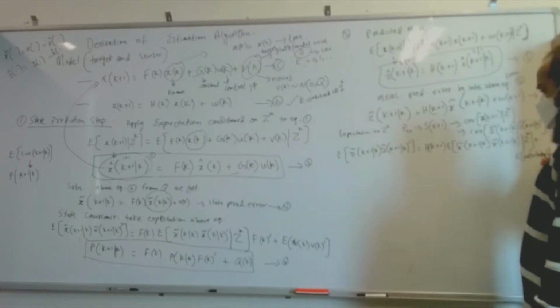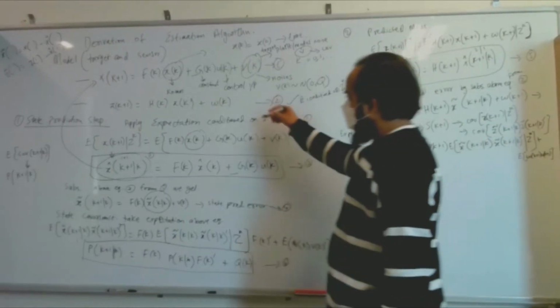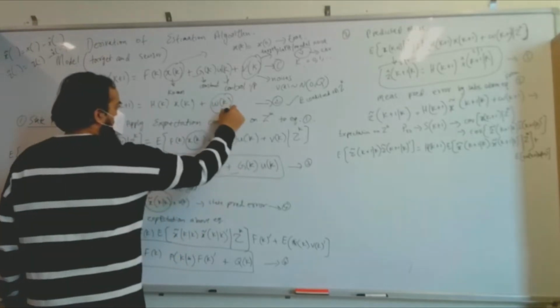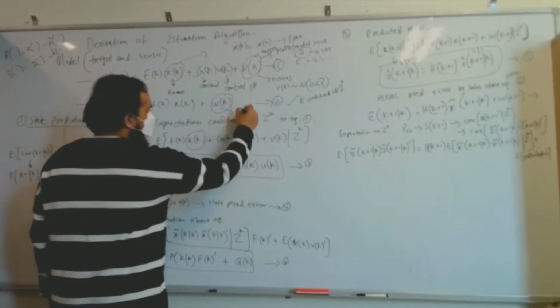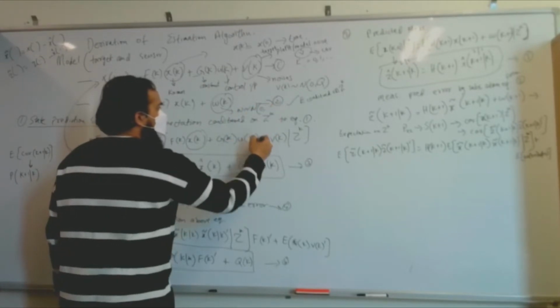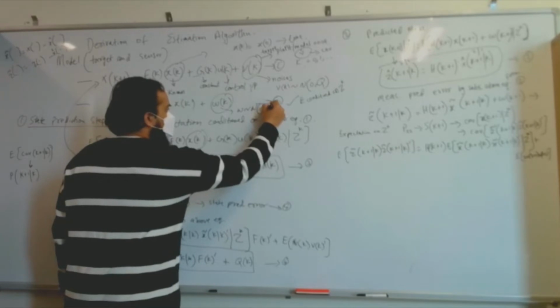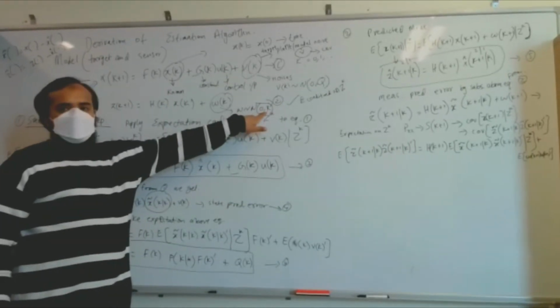Again, this is Gaussian white noise with zero mean and covariance R, where R is the sensor measurement noise.